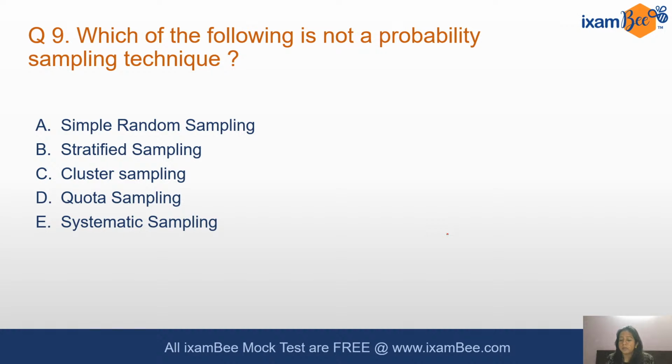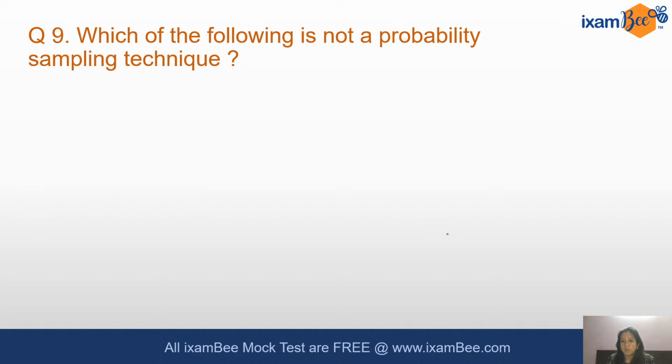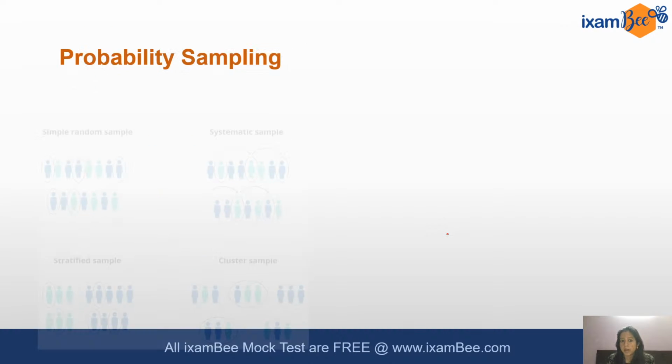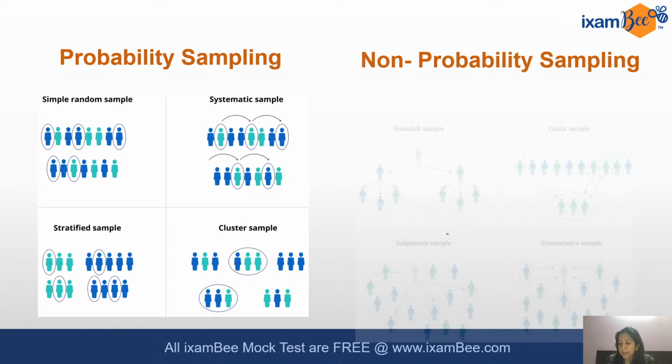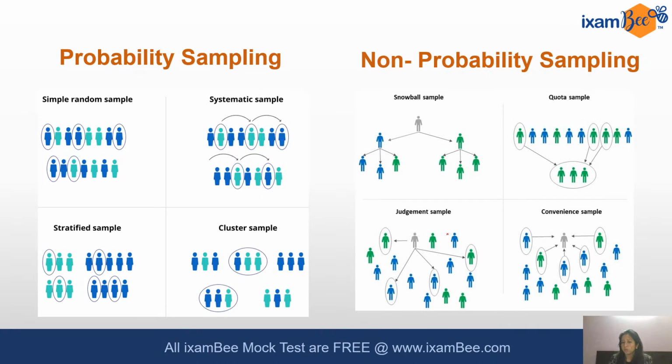Usually, most students get confused between systematic sampling and quota sampling. But the probability sampling techniques comprise simple random sampling. Systematic sampling is also a part of probability sampling, then stratified sampling and cluster sampling. When we talk about non-probability sampling, there are lots of techniques besides these, but the main ones are snowball sampling, quota sampling, convenience sampling, and judgment sampling.